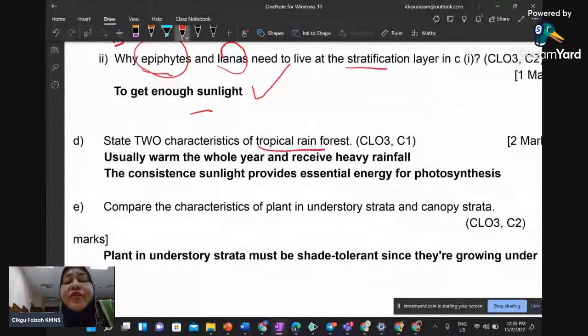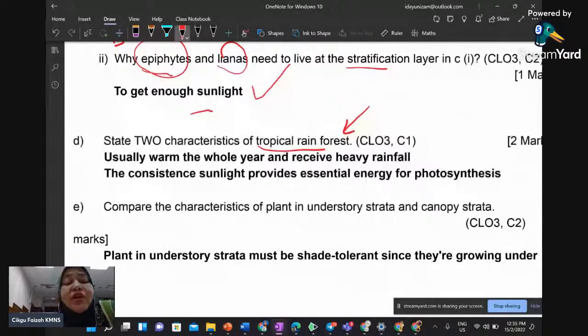Right? Okay, ini adalah general knowledge as a student ataupun sebagai resident, rakyat Malaysia, you need to know this because our country adalah negara yang duduk di garisan khatulistiwa.